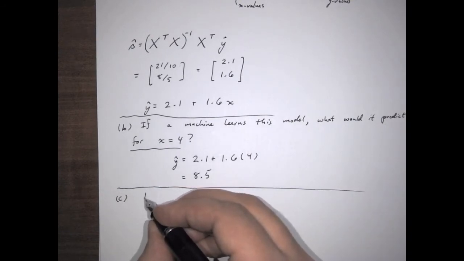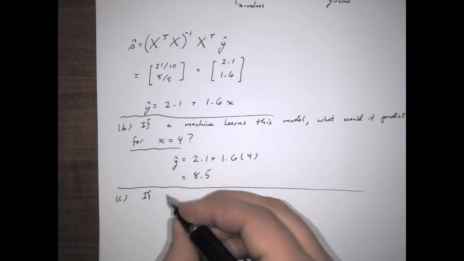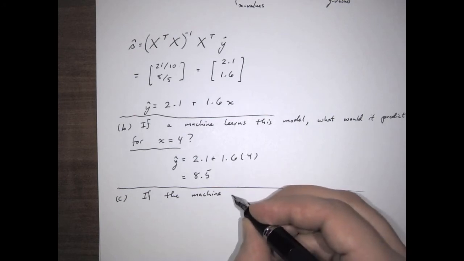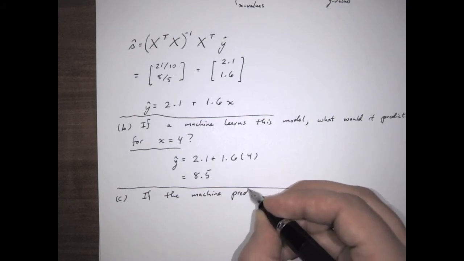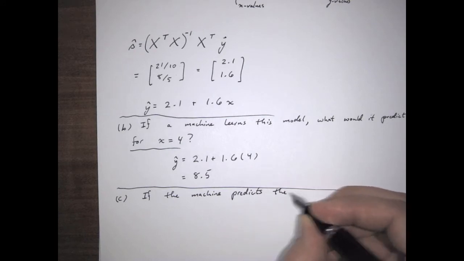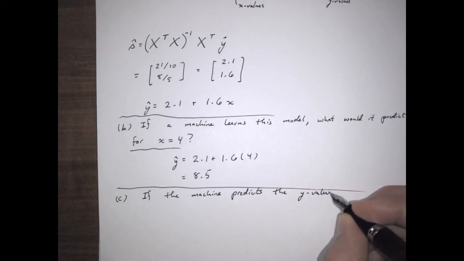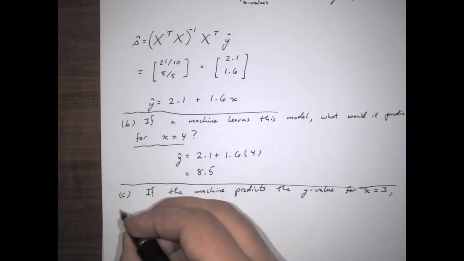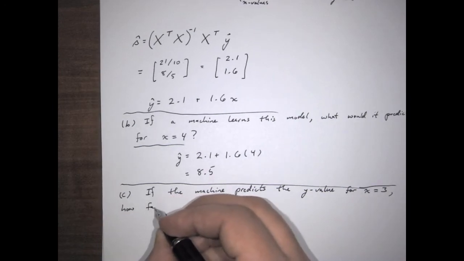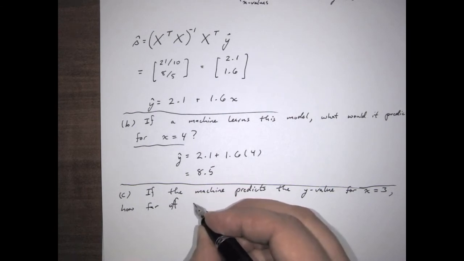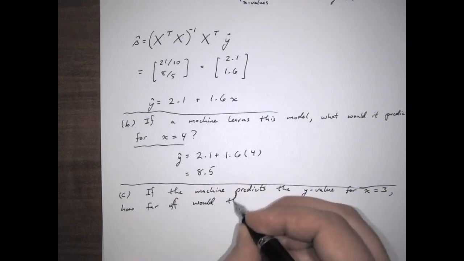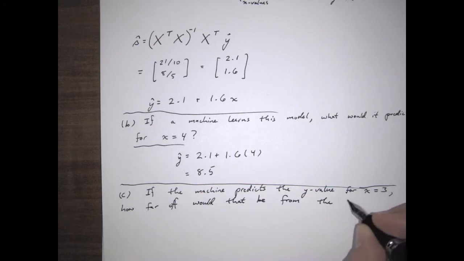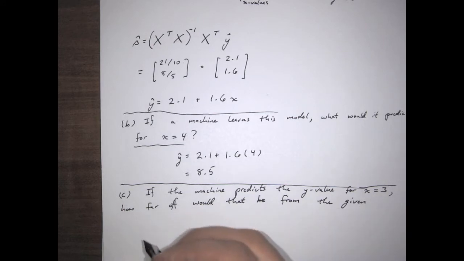So if the machine predicts the y value for x equals, let's say, 3, how far off would that be from the given data point?